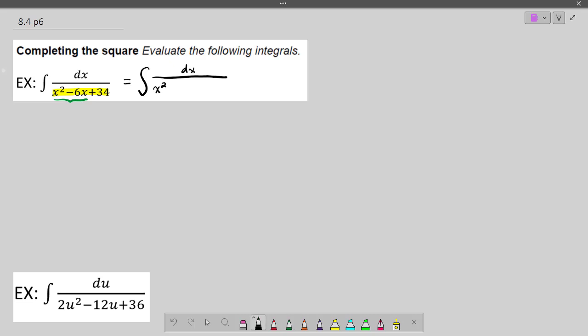So we're going to have x squared minus 6x plus 9. And we can just take that 9 from this 34, leaving 25. Now that we've completed the square, we can factor it. That gives us x minus 3 quantity squared plus 25.